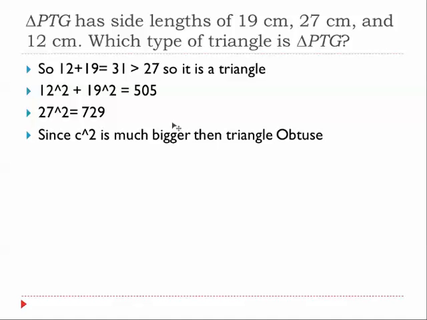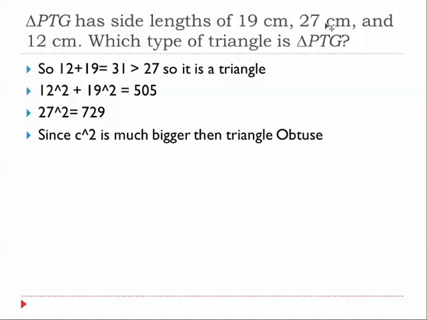First of all, it says a triangle has side lengths of 19, 27, and 12. What type of triangle is this? Well, according to the Pythagorean theorem, if we said that the two smaller ones, 12 squared plus 19 squared, equals 27 squared, then we would know that we have a right triangle.